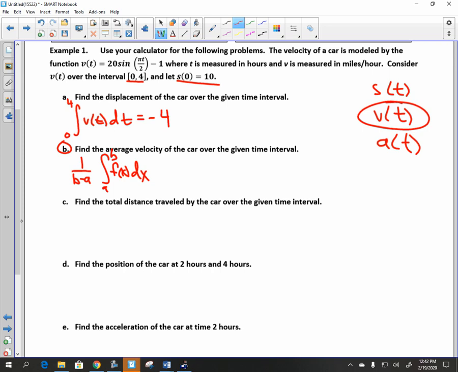Well, what is the 1 over b minus a thing going to be? 1 over 4. Integral of v of t dt going from 0 to 4. Do we know what the integral from 0 to 4 of v of t dt is? What is it?